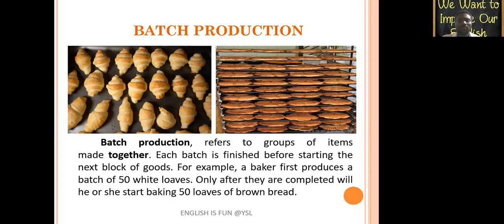The first batch will be made. Let's say the first batch has 50 white loaves. Until she finishes selling the first 50 loaves, they are not going to go into the next production. Okay, so the idea is that they make the first batch, finish selling, and then start to bake another one.